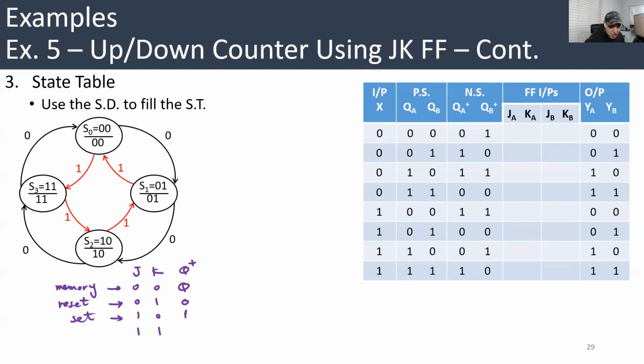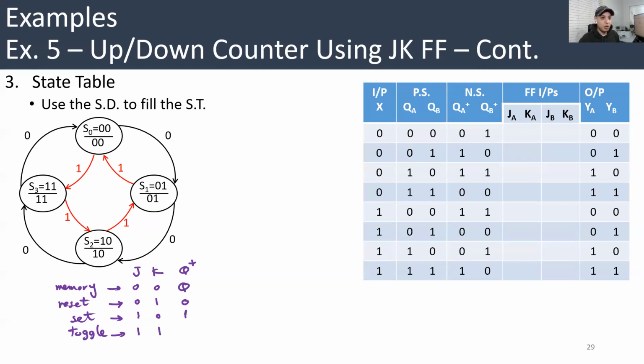Finally, when J and K are both 1s, we said that this was a forbidden state in RS. Here it's not forbidden, and that's why JK is good to use, not like the RS. This is a toggle state. Toggle means a complement; you can say complement state as well, just naming. Toggle means that if Q of t is 0, Q of t plus 1 will be its complement, 1.